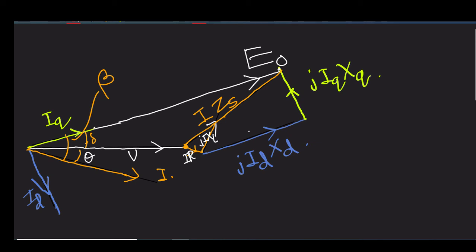Now for each of them you can have a projection in such a way that if you want to get the projection of Iq Ra here, what would be the value of Iq Ra?